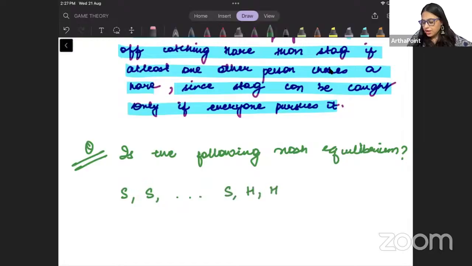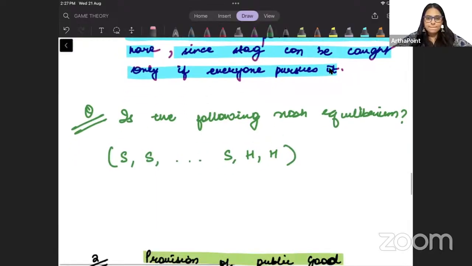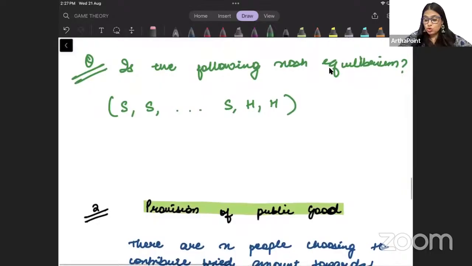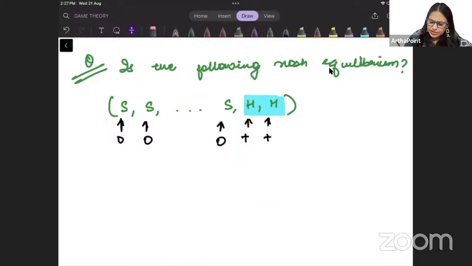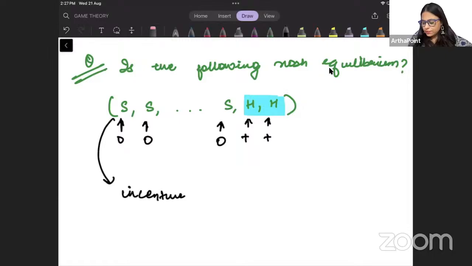Only last two people are for here. अब ध्यान से समझो, दो लोग हेयर के पीछे हैं, एक पॉइंट पे एक ही का डिविएशन देख सकते हैं. So these two are getting positive utility because they are getting here. But these people are getting zero utility because they are not able to catch stag, because not everyone is catching stag. So what is best for this person? He will have incentive to deviate.